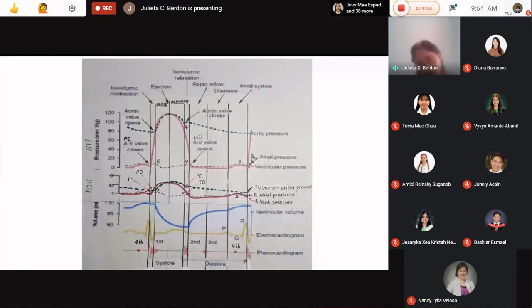But there is still ejection. That's why it is called reduced ejection. The ejection can be seen from our volume curve, which is still decreasing. So what is the explanation? Physics. What?